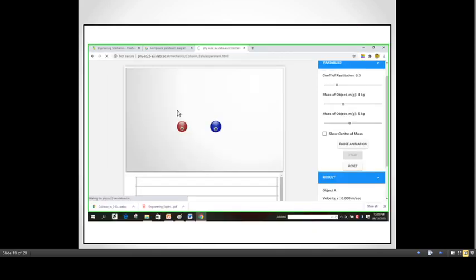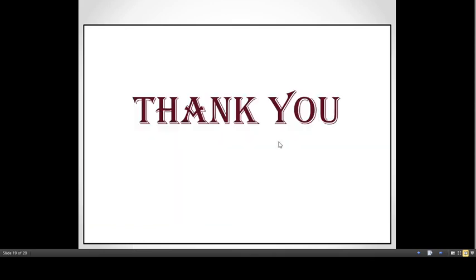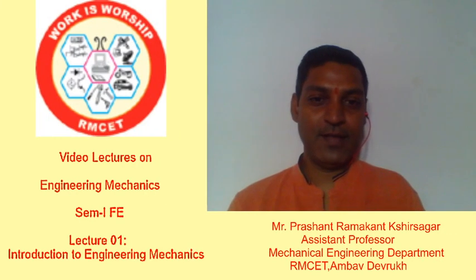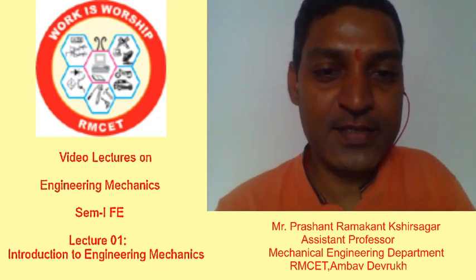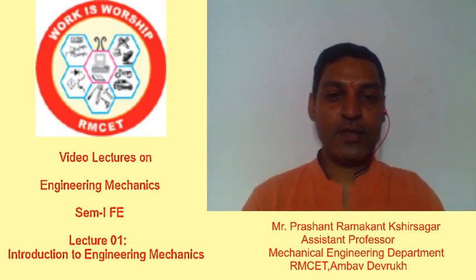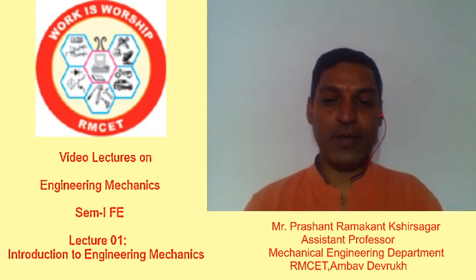In a similar way, you can get information regarding the collisions of bodies with the help of the virtual lab. I hope you got the details of the engineering mechanics subject. Thank you. In the next lecture, we'll discuss the actual syllabus.